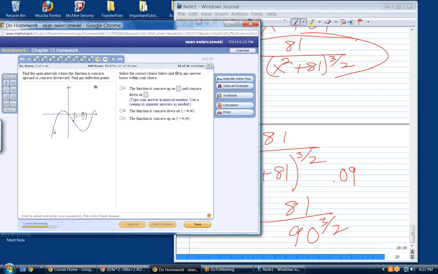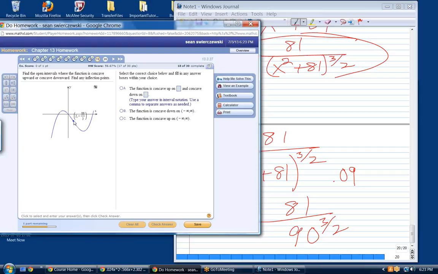We can look at this function and we can see that it's concave down from negative infinity to this point right there, and that's the inflection point. It's called an inflection point because that's the point that separates where it goes from concave down to concave up. The inflection point is where the second derivative is equal to 0.